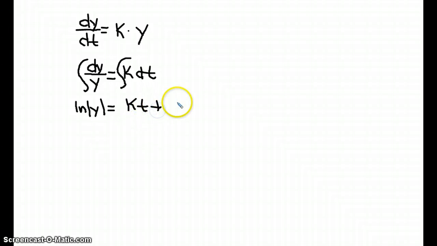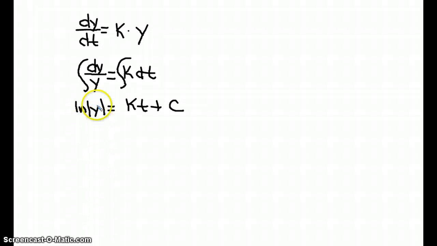kt plus c. Now, normally, I would recommend that you find c before you do anything else. But when the y is in the logarithm, I change that rule. The first thing I would do is rewrite this, even with the c in there, because watch what happens.